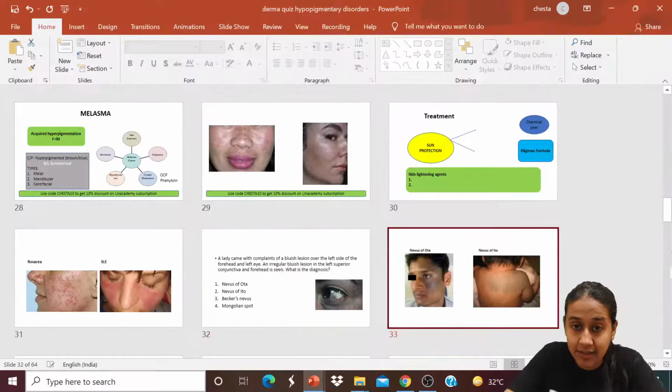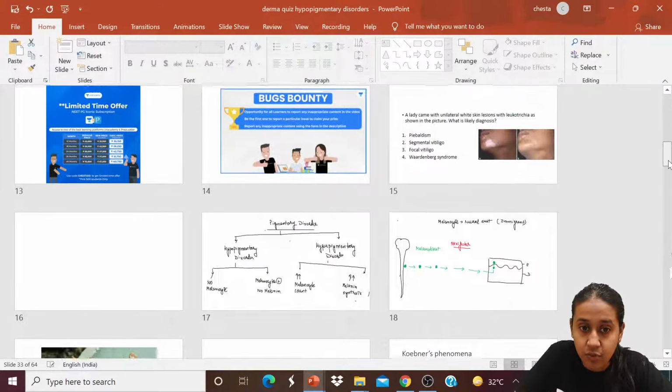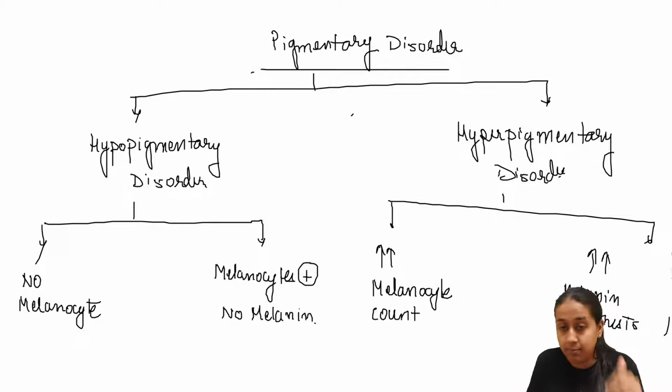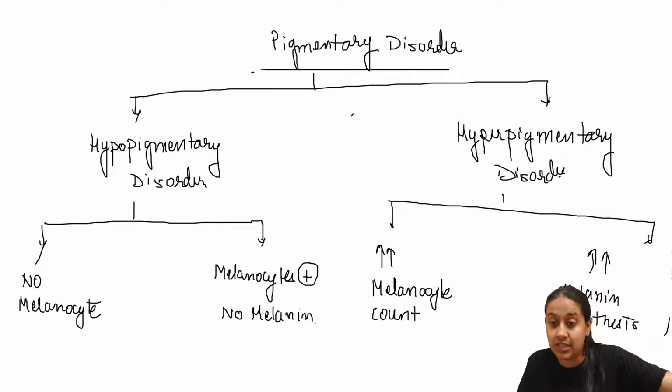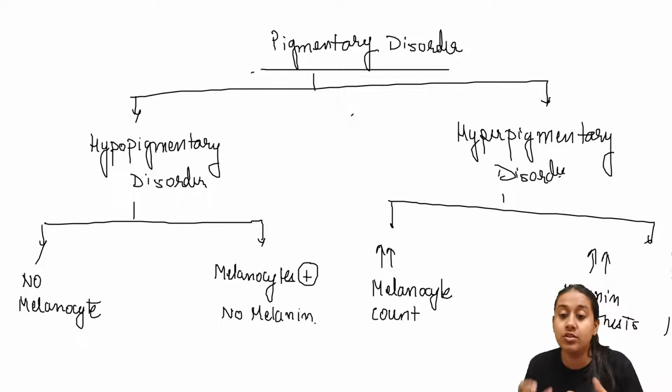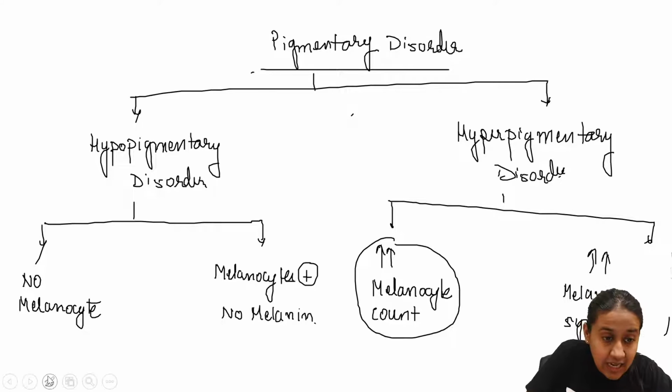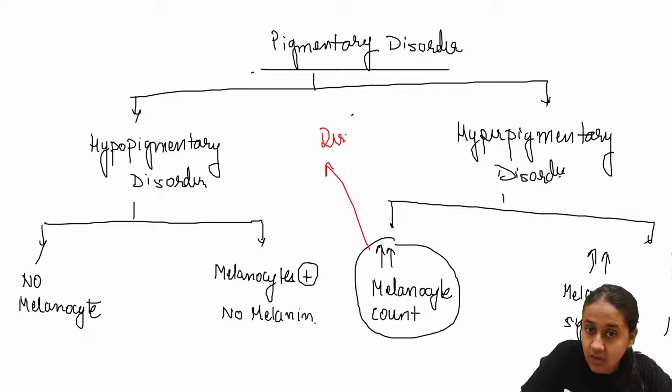Now, if you remember, in the beginning of today's session, what did I tell you? I told you that you have two types of pigmentary disorders, one hypo and one hyper. The hyperpigmentary disorder can be because of increase in the melanocyte count or because of increase in melanin synthesis. Now this melanocyte count can be increased either in the dermis or in the epidermis.